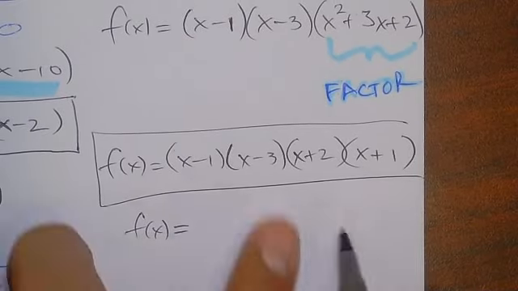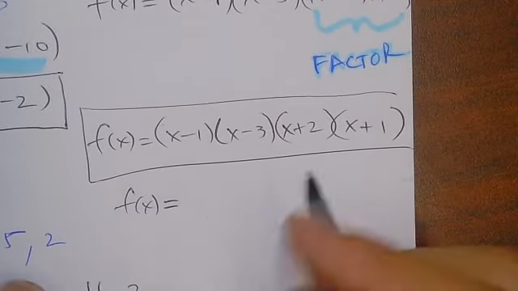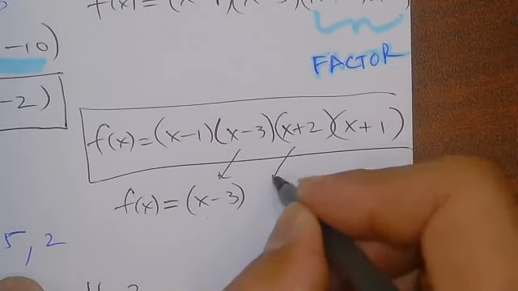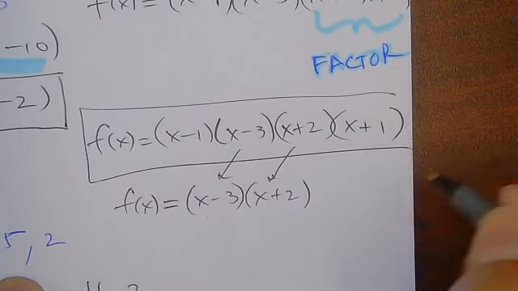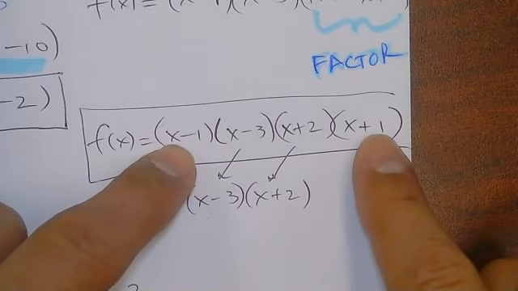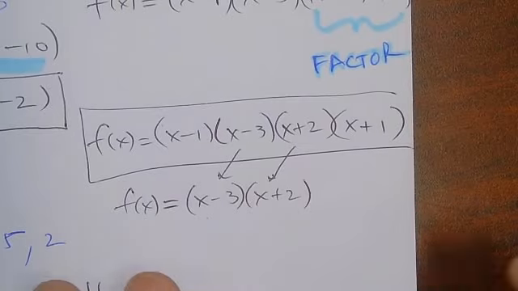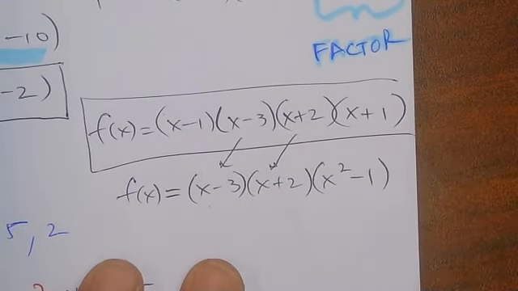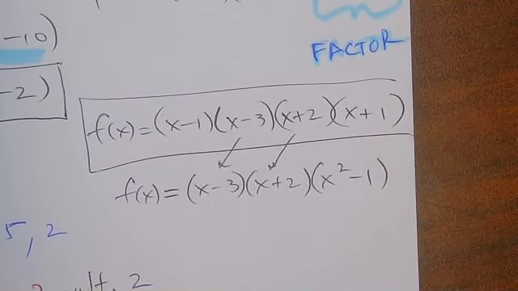Correct. Remember conjugates? For this x plus 1 times x minus 1, they might write it like this. They probably won't, but just so that you know, in case you see something crazy there, you'll see the x minus 3, you'll see the x plus 2, but for these conjugates, the x plus 1 and the x minus 1, they'll multiply them.